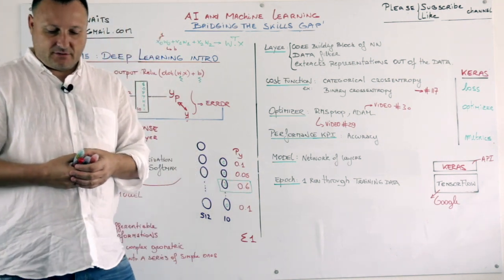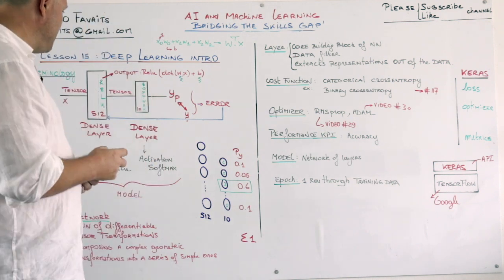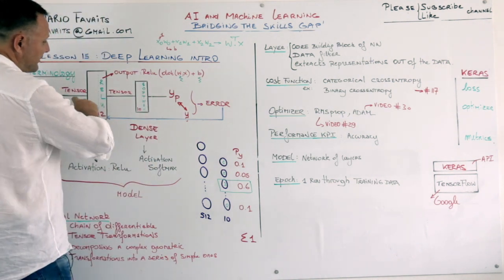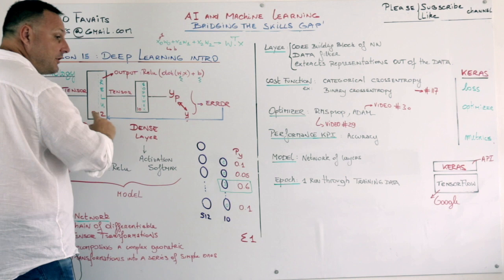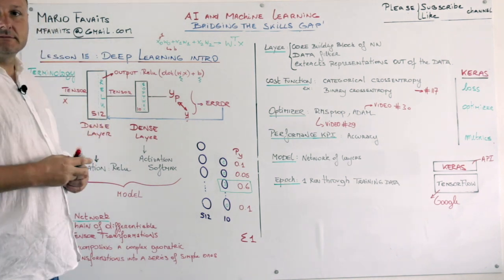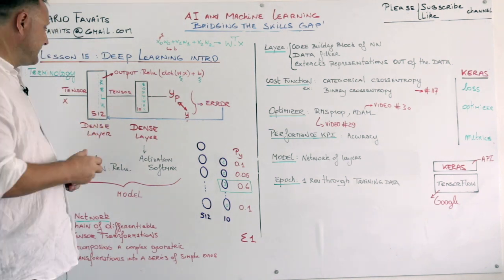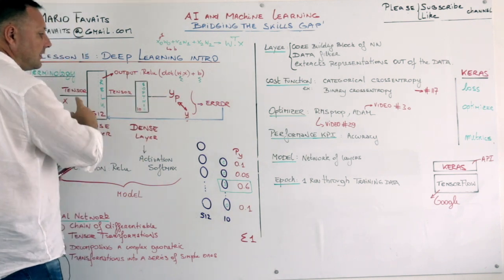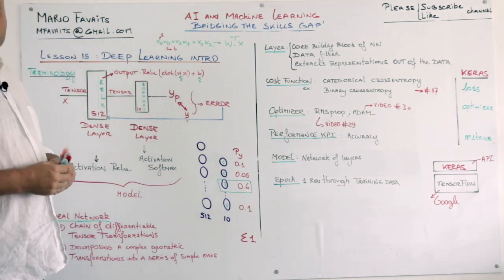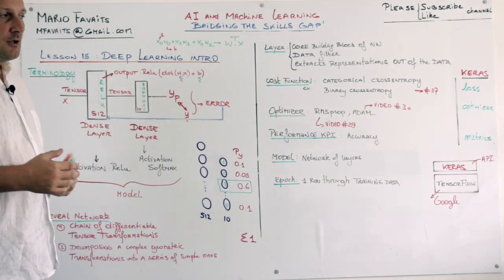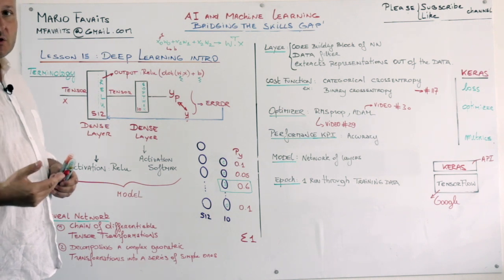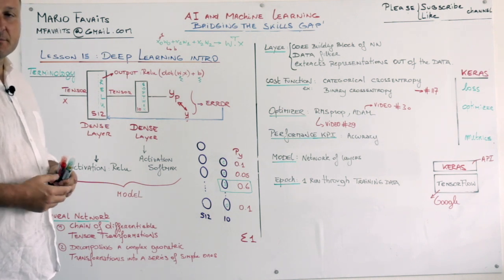Okay, model we've defined, this is your model, it's a network of layers. And then we still need to define epoch. What is an epoch? Well, an epoch is a complete run through the training data. So it's one complete iteration through the training data. We will need more than one epoch in order to converge to that minimum.